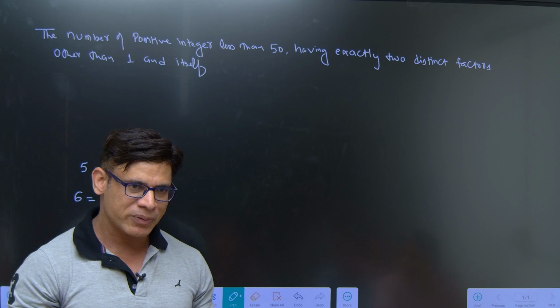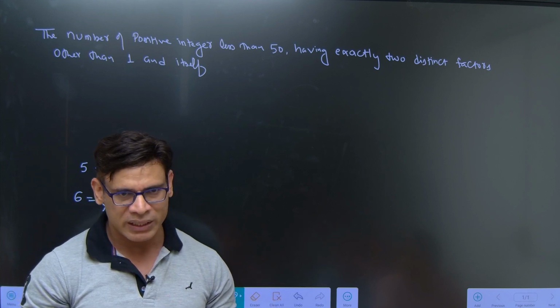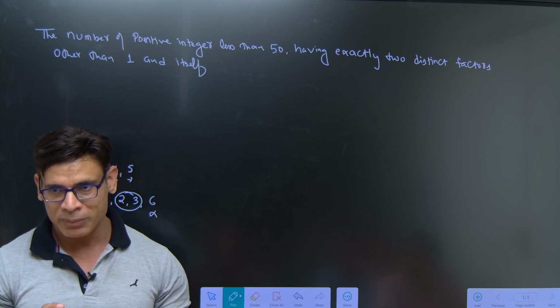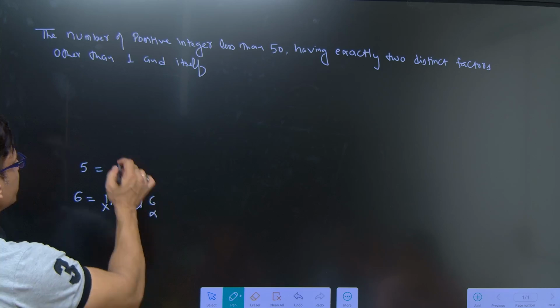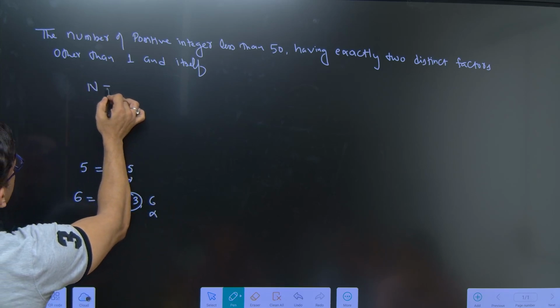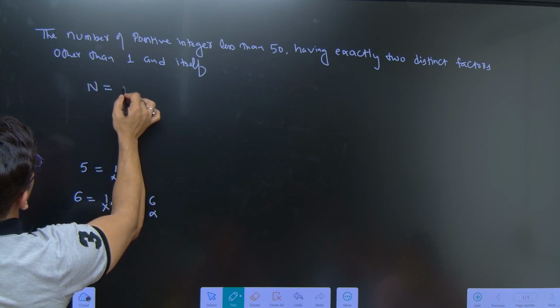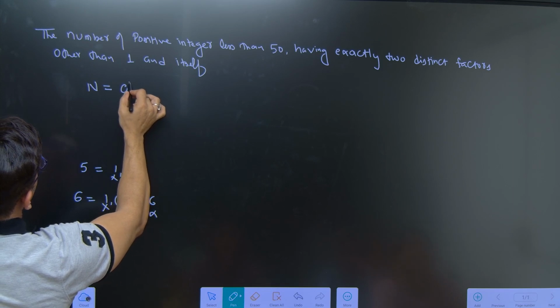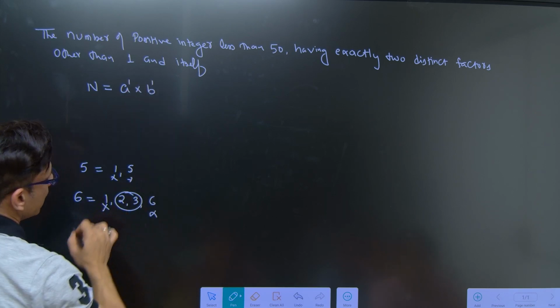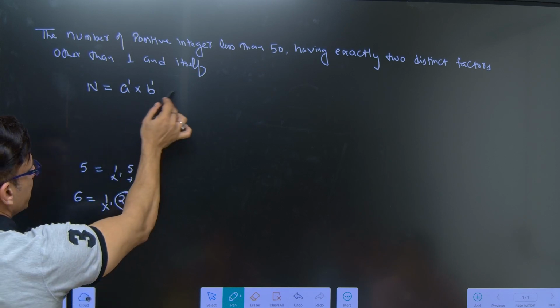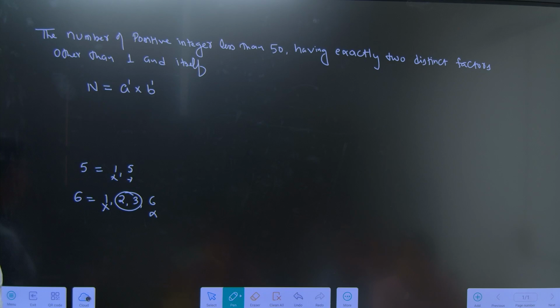So all the numbers from 1 to 50 that I have to take have how many factors? 4 factors. That means the number will be of this form: a raised to the power 1 into b raised to the power 1, first of all, because this will have 4 factors, or not?